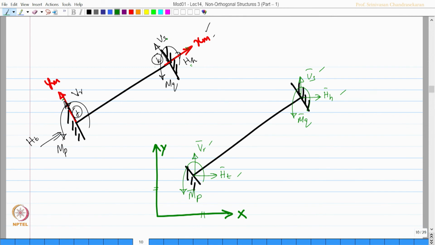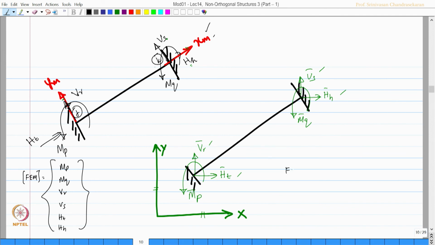Okay. Now, if I say FEM of the local, which can be simply MP, MQ, VR, VS, HT and HH.